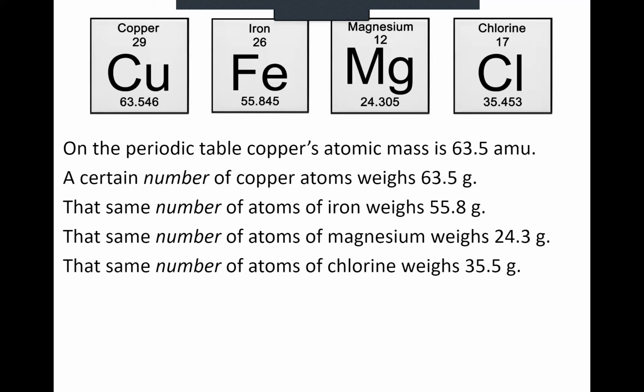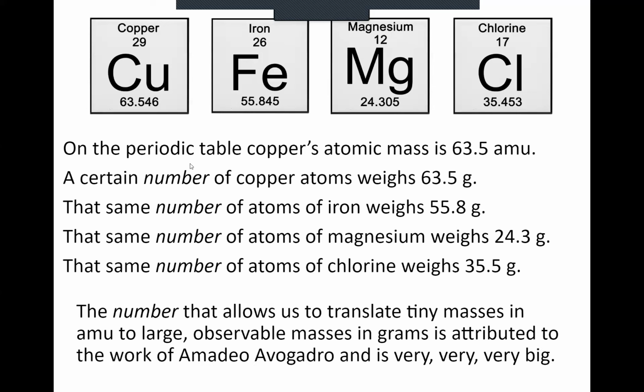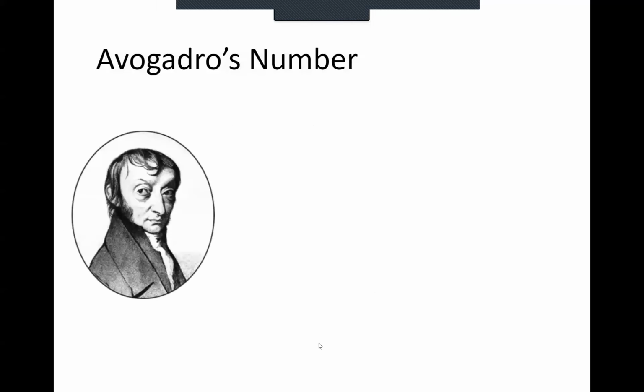And that number was estimated by an Italian scientist named Amedeo Avogadro, and it allows us to translate really, really small atoms in atomic mass units to larger observable masses in grams. The number that he estimated is extremely large because the atom is extremely small.